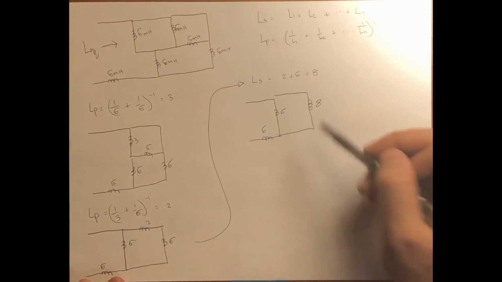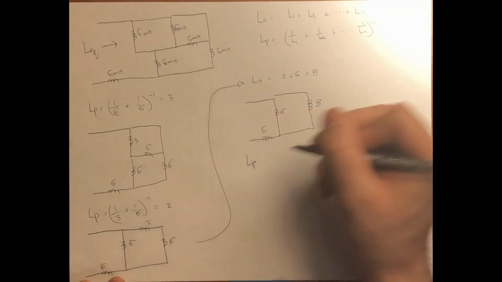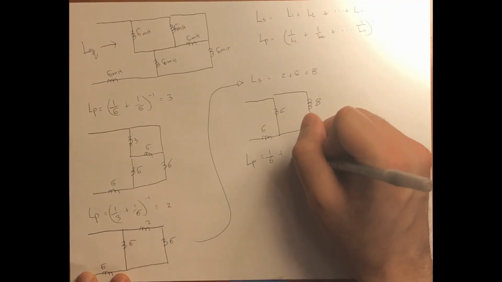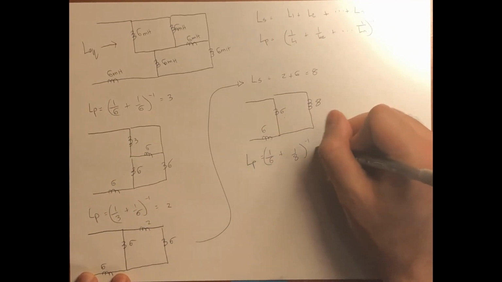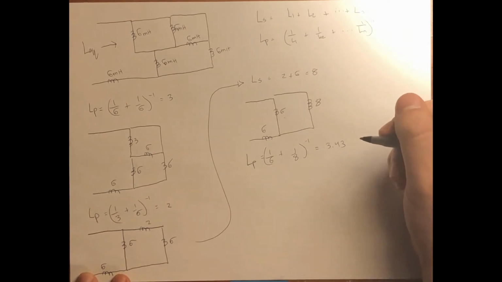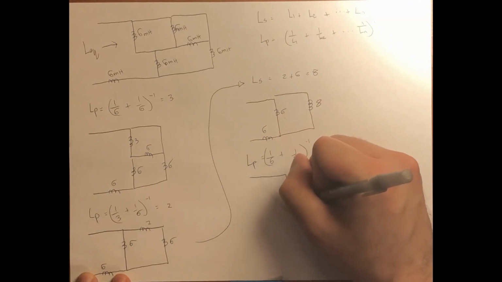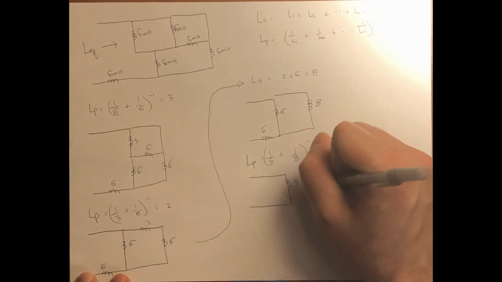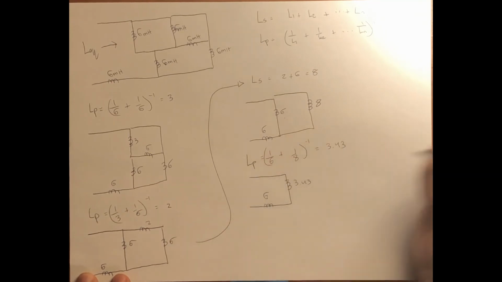You can see 6 is in parallel with 8, so we use the parallel formula, which is 1 over 6 plus 1 over 8, inversed. That gives us 3.43 millihenries. Again, we redraw the circuit, 3.43, and then the 6 millihenries there.